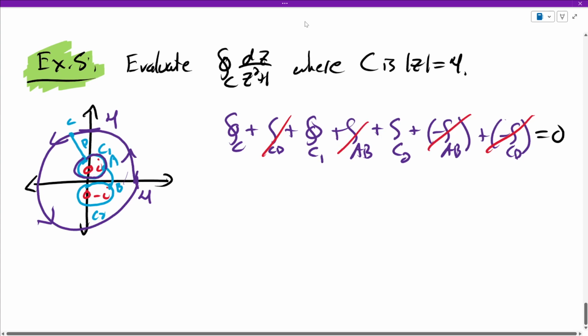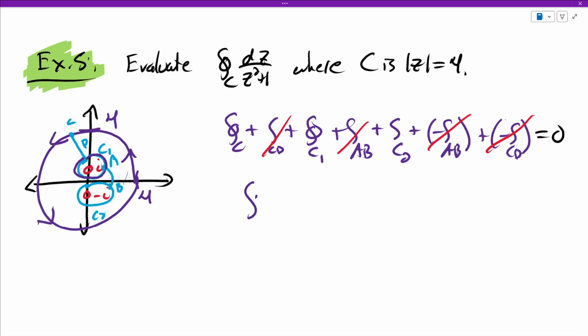All right, so if we think about what we did, the integral over C1 and C2 has to go this way. So that's the incorrect orientation, and really this integral over C1 is not the integral over C1, it's the negative of the integral over C1.